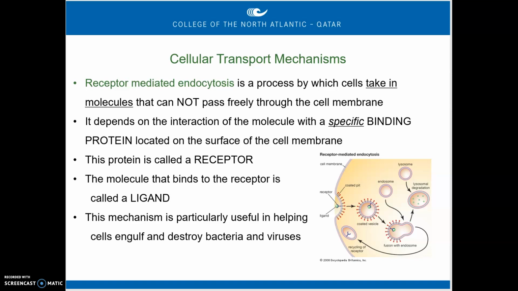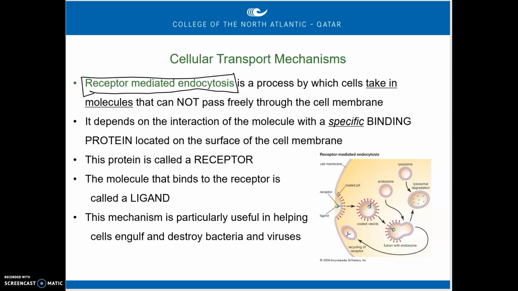Now, the last type of cell transport, we're still talking about active transport. We're still talking about endocytosis, but now we're talking about receptor-mediated endocytosis. This is a very special case of endocytosis, and it involves a little bit more than just simply making a vesicle with the cell membrane.